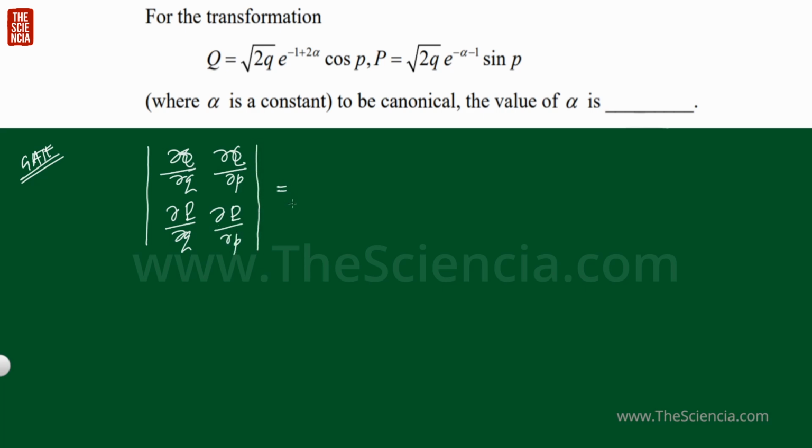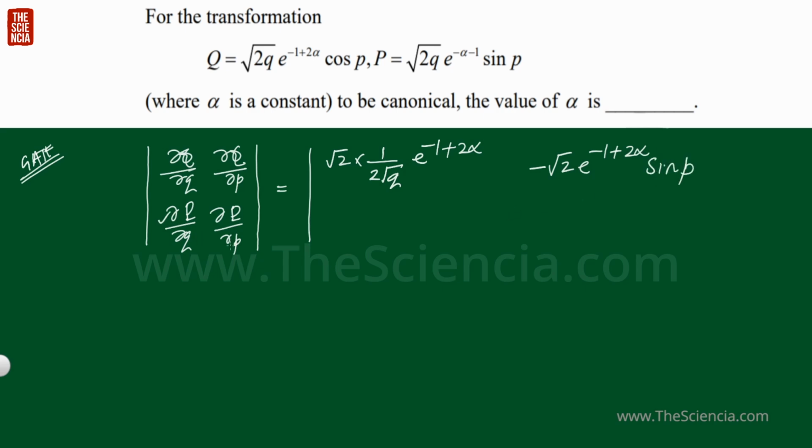We get dou q by dou q. See, we get root 2 into 1 by 2 root q into e raised to minus 1 plus 2 alpha, and dou q by dou p is equal to minus root 2 e raised to minus 1 plus 2 alpha sin p.